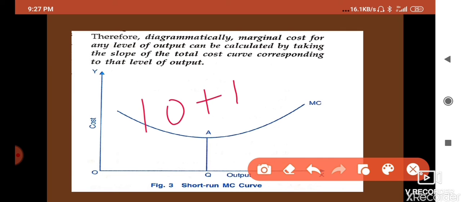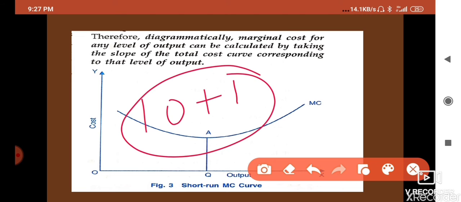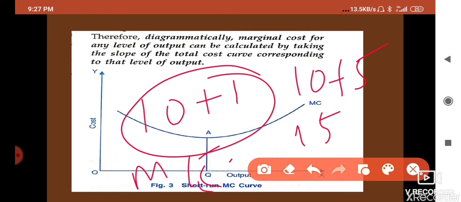Whatever the change in that total cost is the variable cost. Suppose 10 plus 5, so it will be 15. So MC will be 15 minus 10, which is equal to 5. Like that we can find it out. So MC is related with the variable cost.